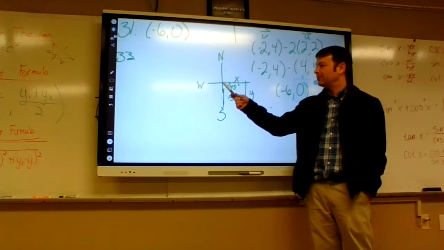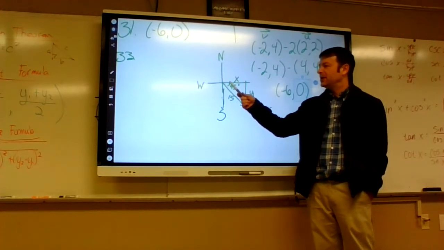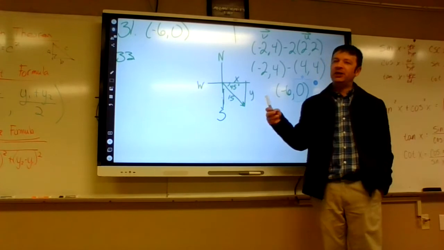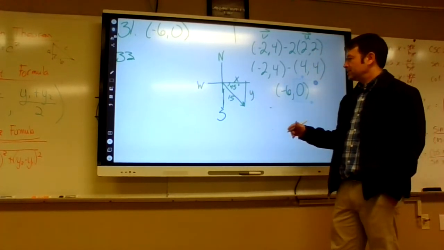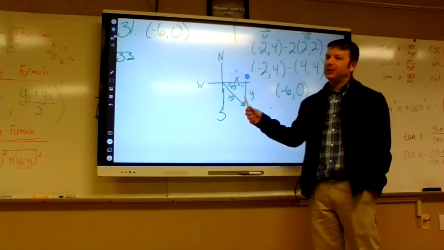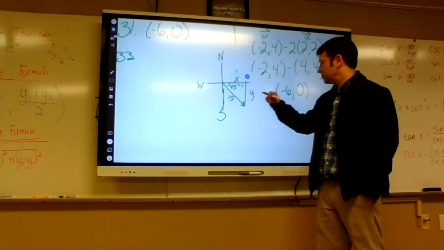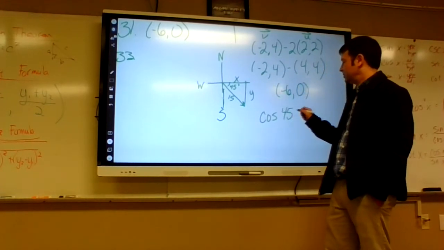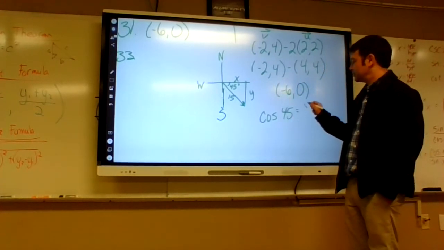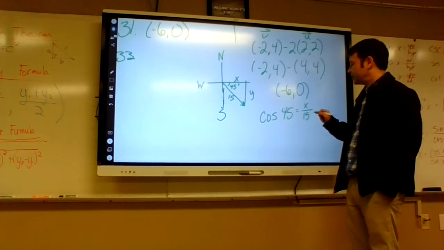Adjacent. And we have the hypotenuse. They told us we're going 15 miles southeast, so that's where the 15 came from. Which trig function uses adjacent and hypotenuse? Cosine. So cosine of 45 equals adjacent over hypotenuse.